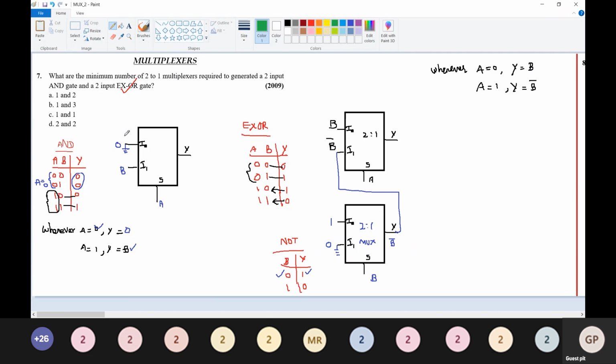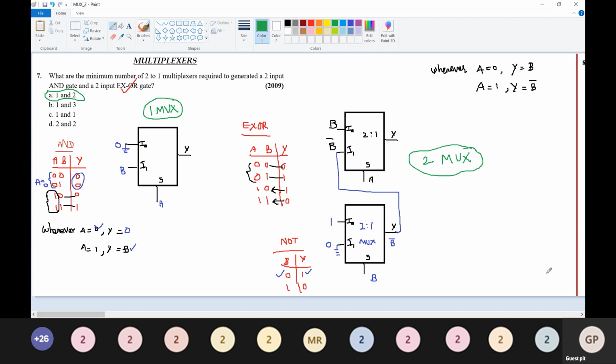For the AND gate you need only one mux, and for the XOR you need two muxes. So the answer is one and two. A is your correct option.